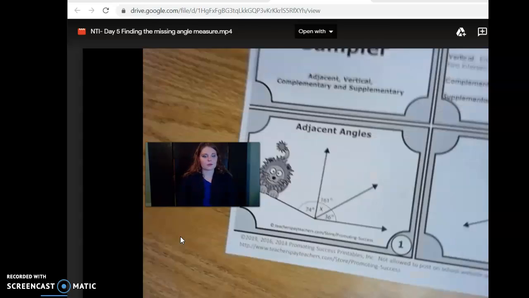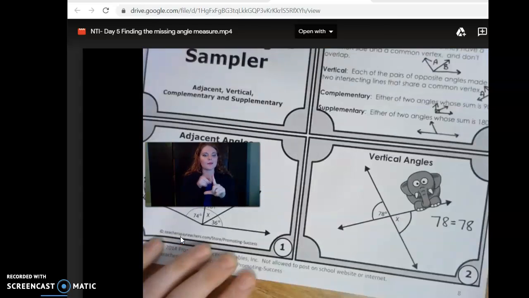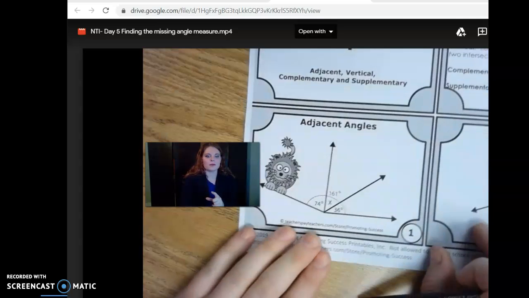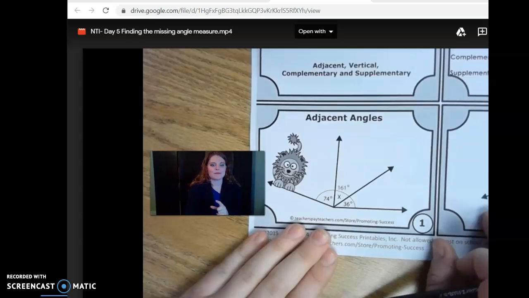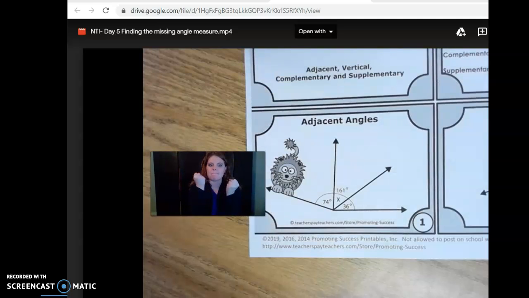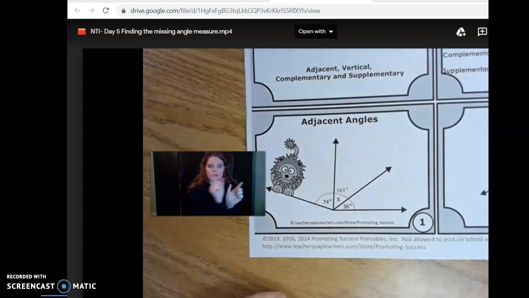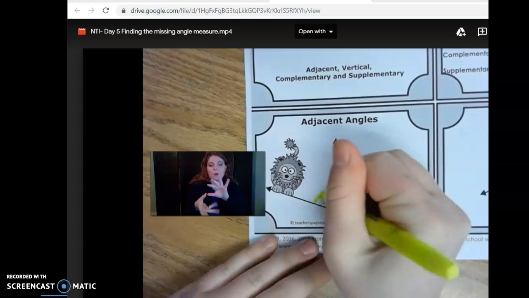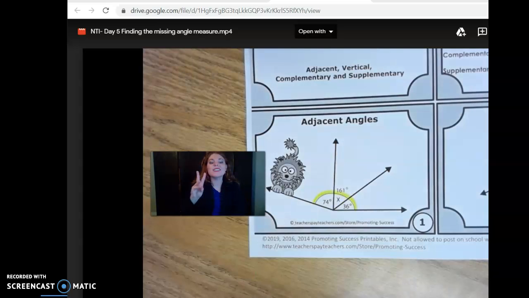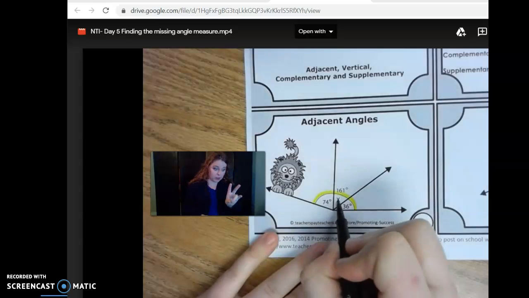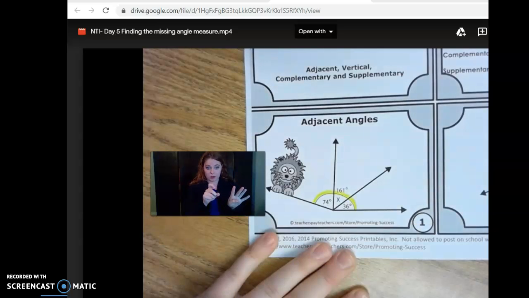Our very last type of angle, because we've covered vertical, complementary, and supplementary, is adjacent. These get a little bit more complicated because you can have multiple angles. Notice that this entire angle measures 161 degrees, which means when I add 74, x, and 36, I should get 161 degrees.